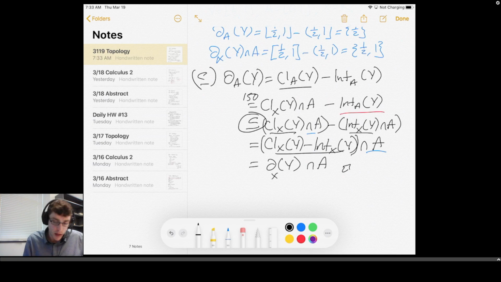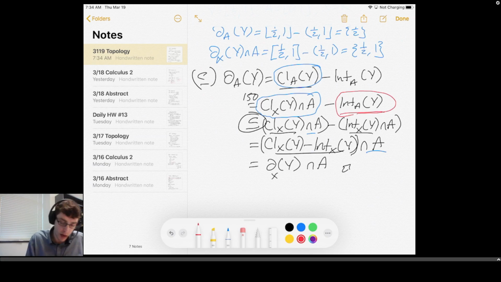Okay. Yeah. So what I'm doing here is I'm just substituting one step at a time. So basically I'm looking at this closure and using 150, I just turn it into a statement about the closure in X. And then my next step is look at this part.